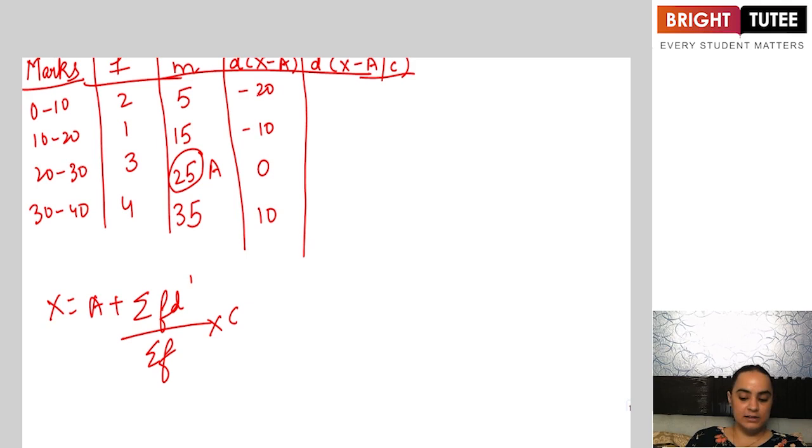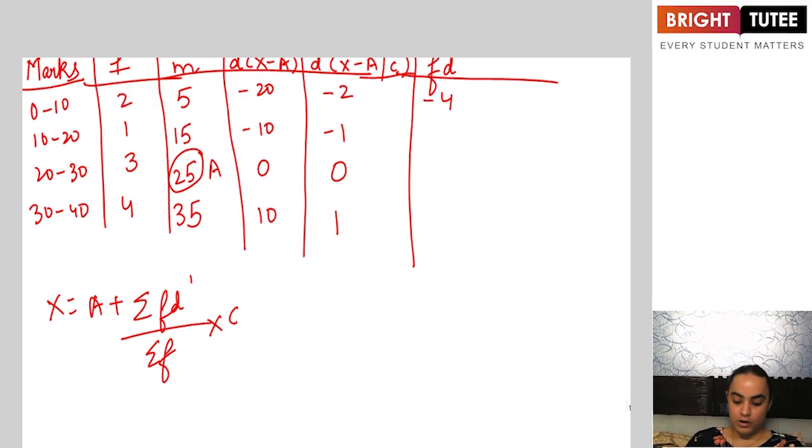So D divided by 10 is minus 2, minus 1, 0 and 1. Next step is to calculate f into D dash. So 2 into minus 2 is minus 4. 1 into minus 1 is minus 1. 3 into 0 is 0 and 4 into 1 is 4.